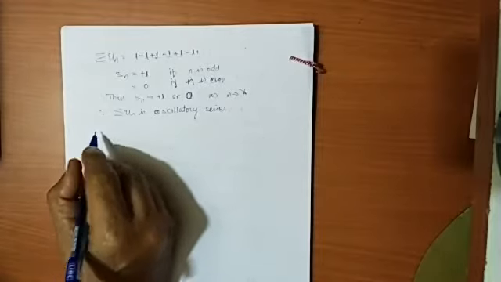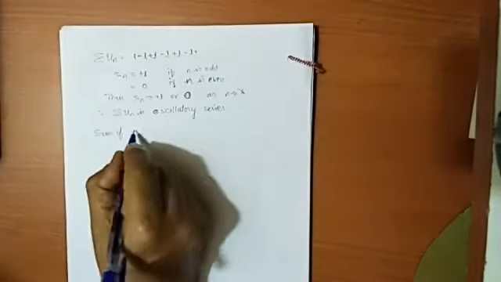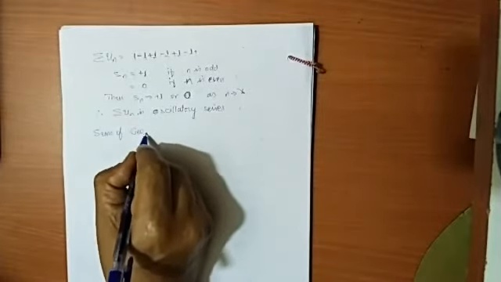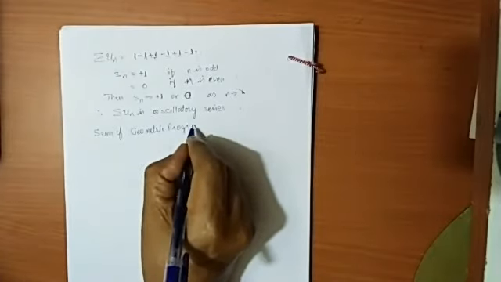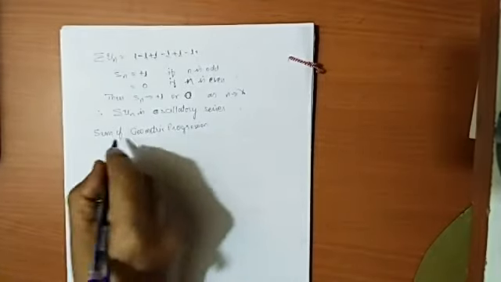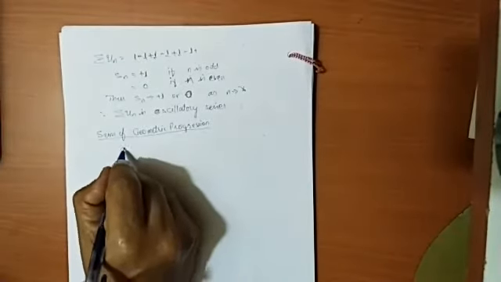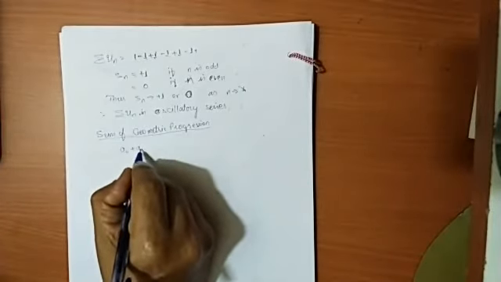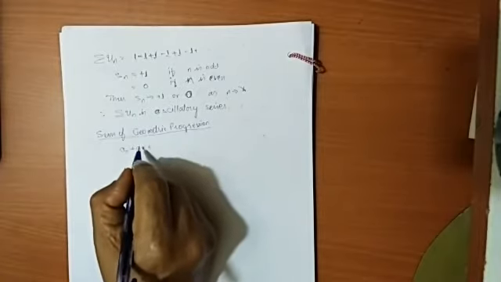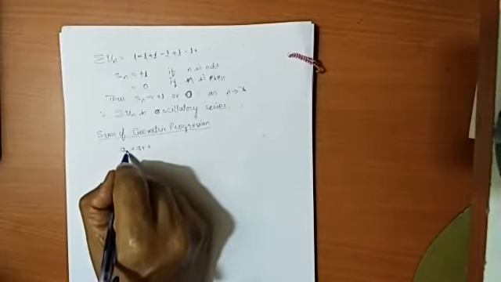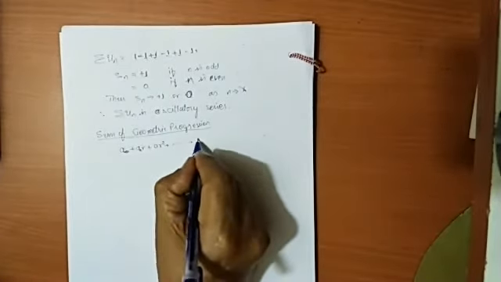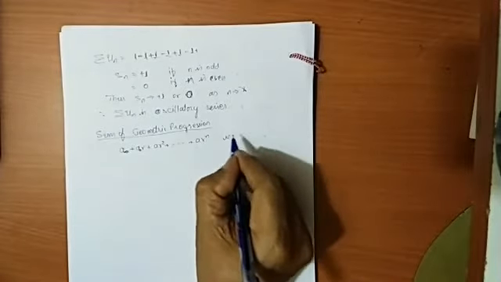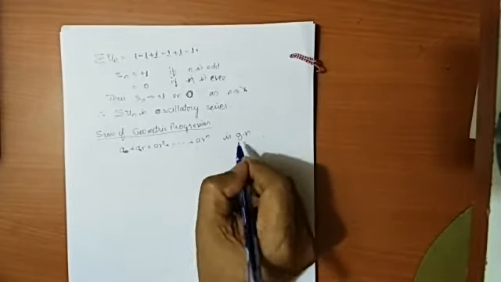For example, the sum of a geometric progression: A plus AR plus AR squared plus so on plus AR raised to n is a geometric progression, GP, right?